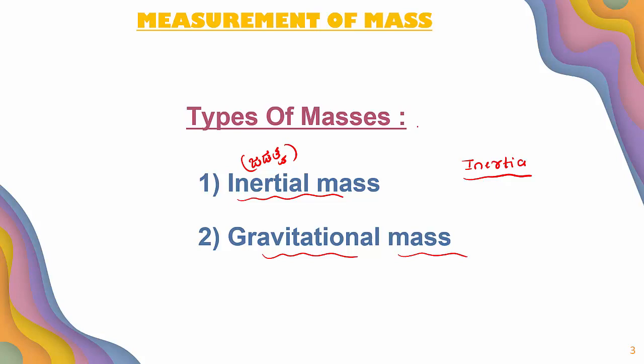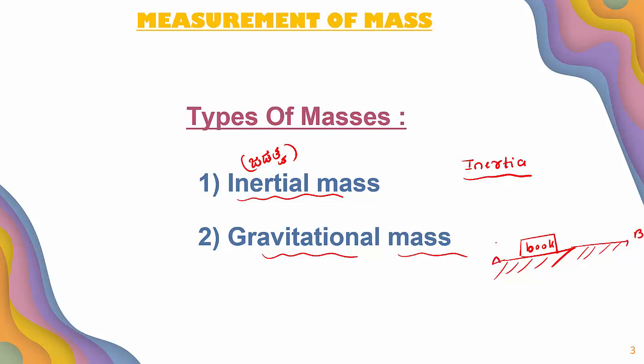So what is inertia? For example, if I consider a book on the table, let us imagine this book is kept on the table. Now the book is at rest. I want to change its position. What can you do? Does the book itself start to move from point A to point B?